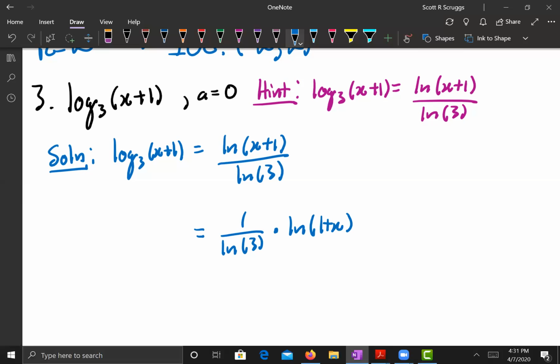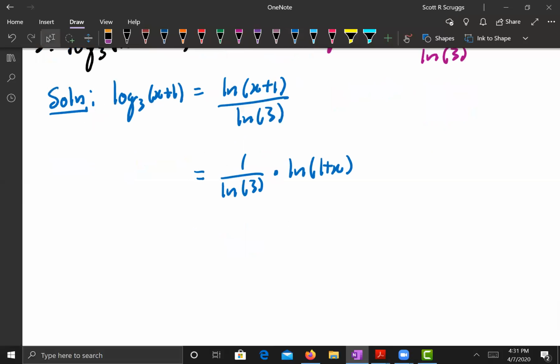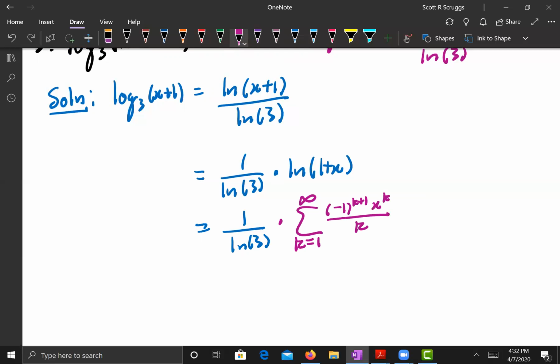The power series representation for that is the sum when k equals 1 to infinity of negative 1 to the k plus 1 x to the k power over k, where the interval of convergence is negative 1 to 1 with a closed bracket on 1.